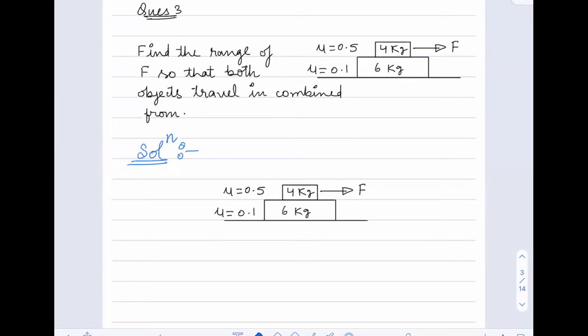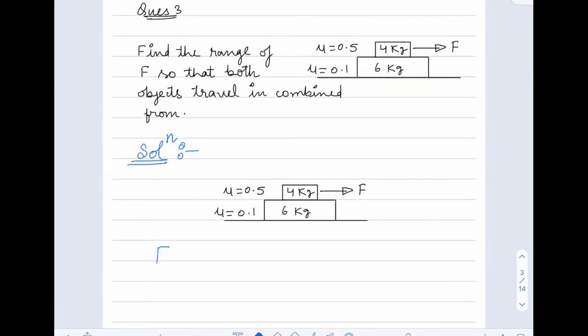Now this question says find the range of F so that both objects travel in combined form. So the force is applied on the upper block, and it is said that both the blocks should move together. That means there should be no relative motion between the 4 kg block and the 6 kg block. Now, by seeing this question, the first thing you should know is that if the block has to move, it has to overcome the friction force which is offered by the ground.